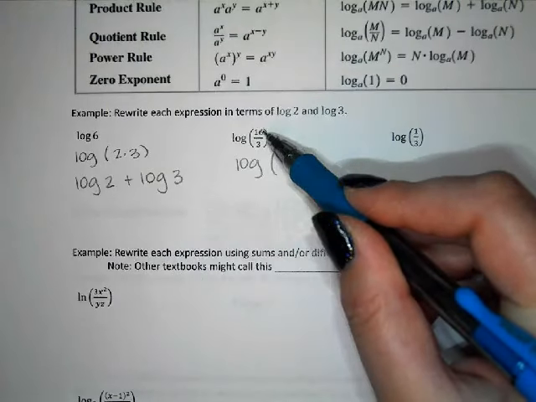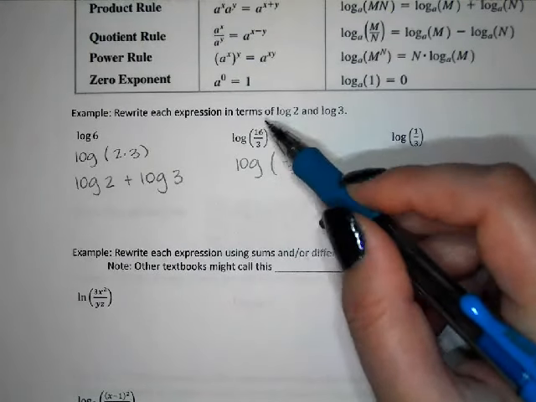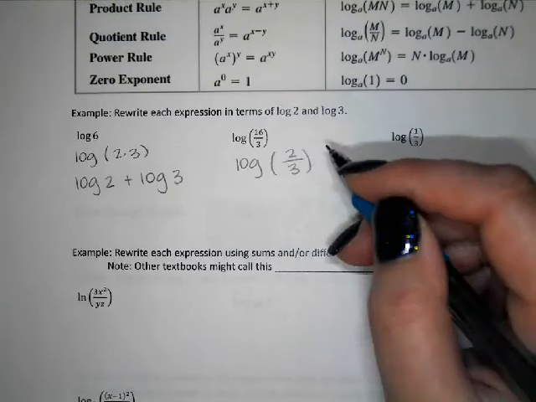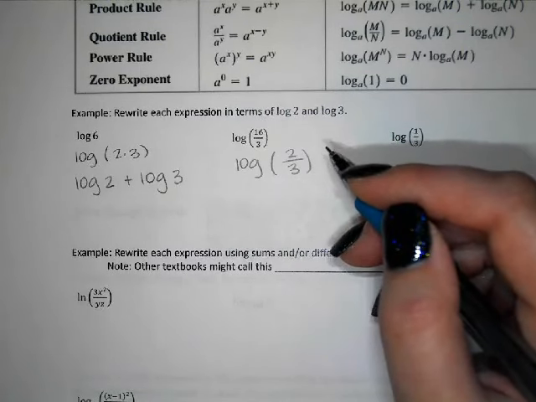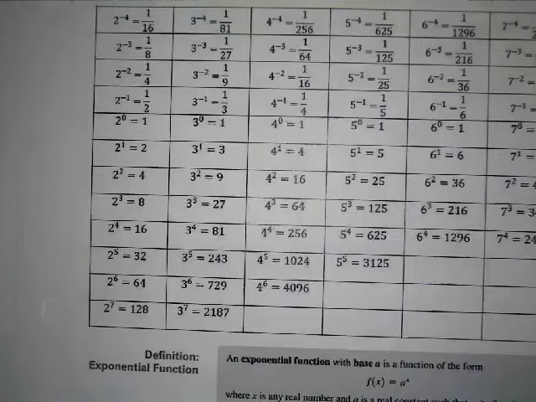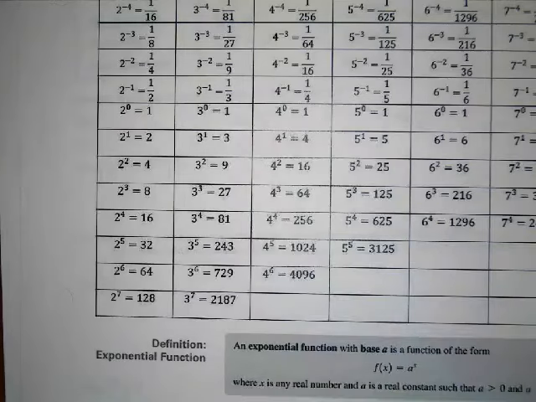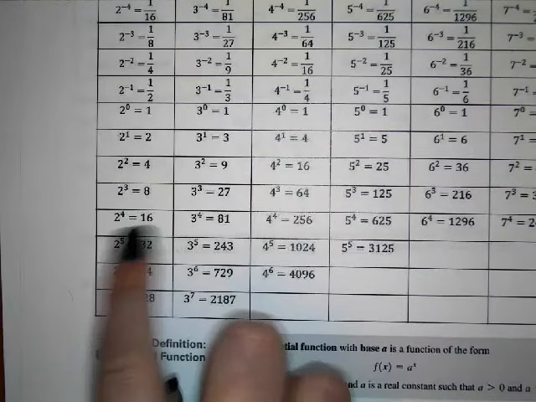2 is actually, if you relate the 2 to the 16, if you look back at your previous notes, then you can see that 16 is 2 to the 4th, or you might know that off the top of your head. But we can rewrite that top portion as 2 to the 4th power.